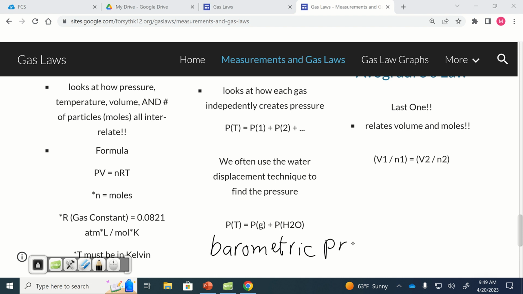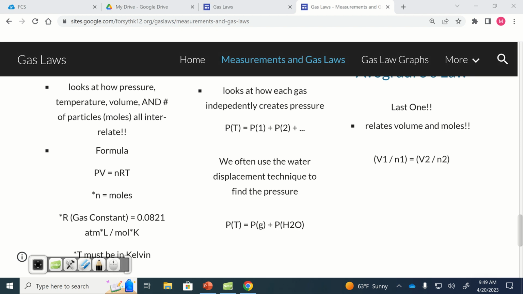So barometric pressure equals total pressure. And all you've got to do here is take the pressure of the gas plus the pressure of the water, the vapor pressure that's always over that water at a particular temperature. So that's it for that one. It's just a kind of addition-subtraction problem.